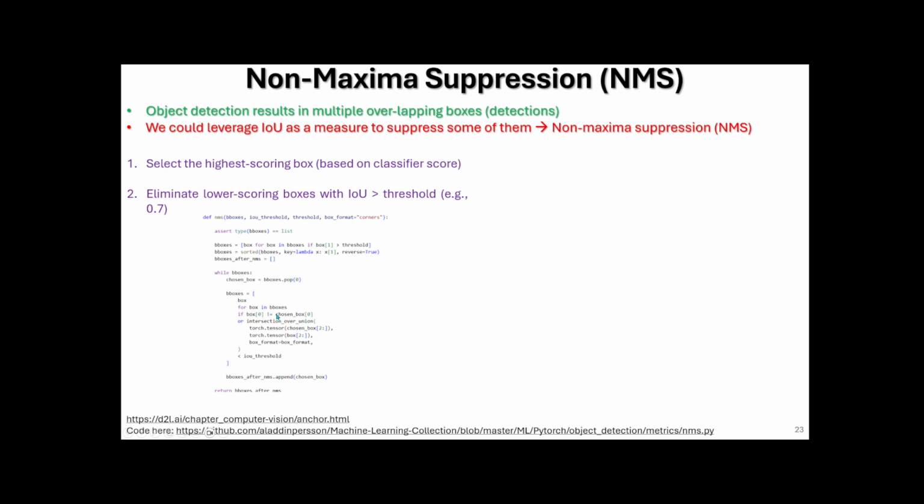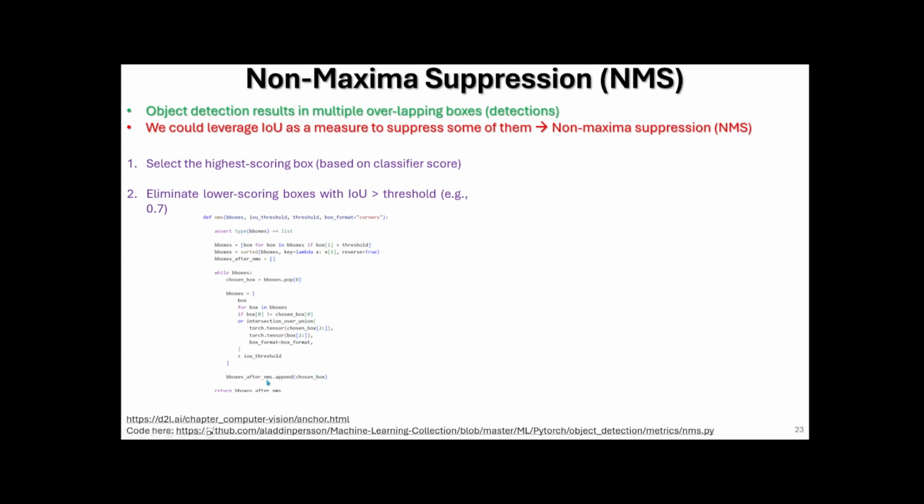So you only consider the boxes with the class of the chosen box, and then you measure the intersection over union for each of those boxes using the intersection over union function we defined in the previous slide. You only keep those with a value lower than the threshold, so you eliminate a box if its value is higher than the threshold. And then of course you keep appending the chosen box. The others are already removed.